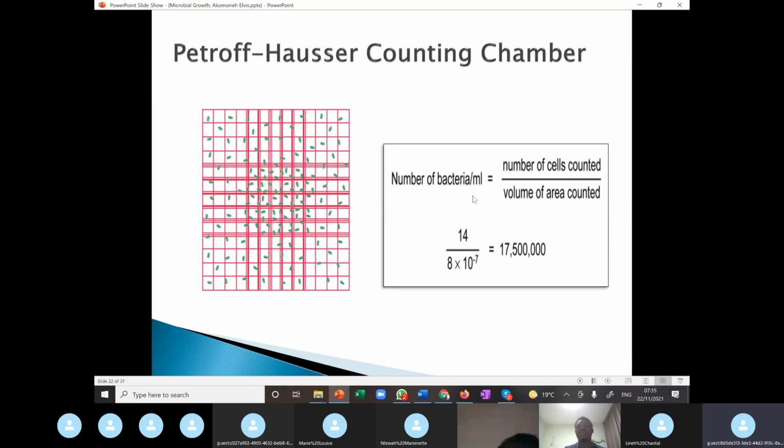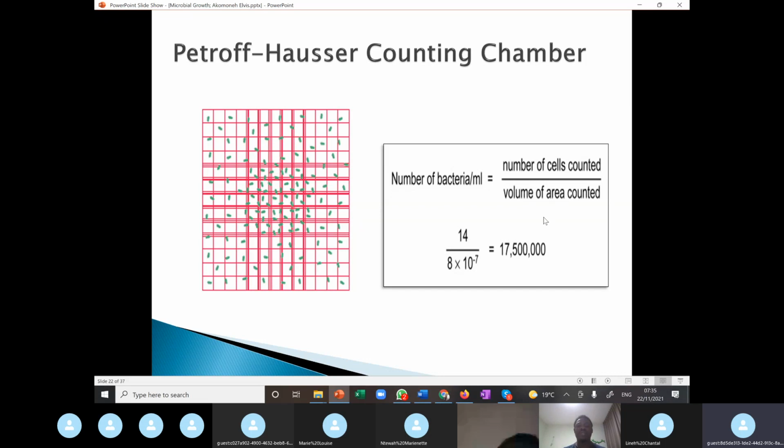Now, when we count the cells, we have to report it by dividing the number of cells counted by the volume of the area counted. There's a more elaborate formula for this.